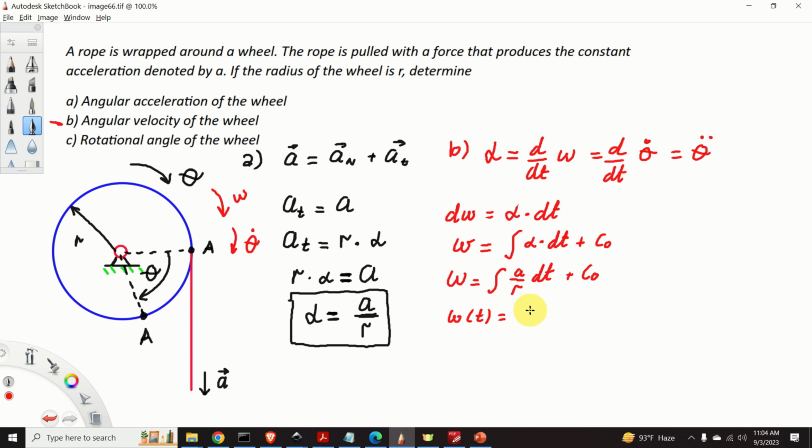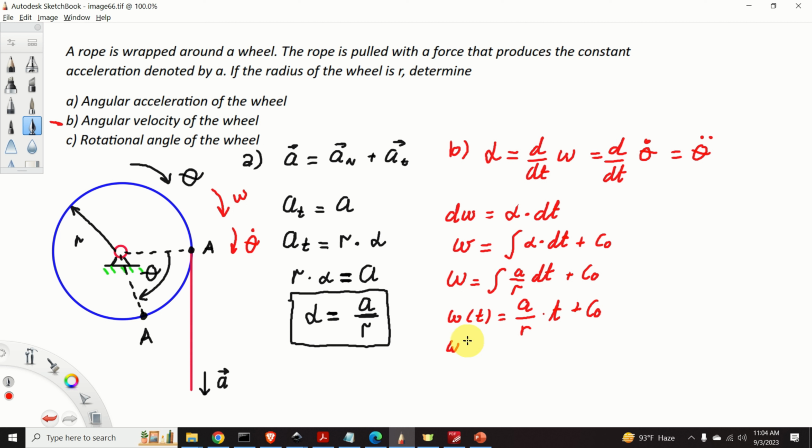Omega as the function of time is equal to A over r, which is constant, and over here we have time, since we have 1 times dt, and that's simply equal to t plus c0. Good. We need to determine c0. Here we will assume that the wheel starts from initial angular velocity equal to 0, and consequently c0 will be equal to 0.